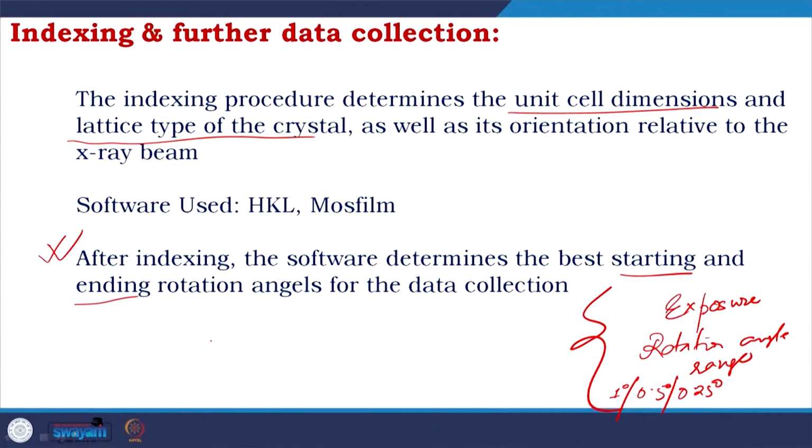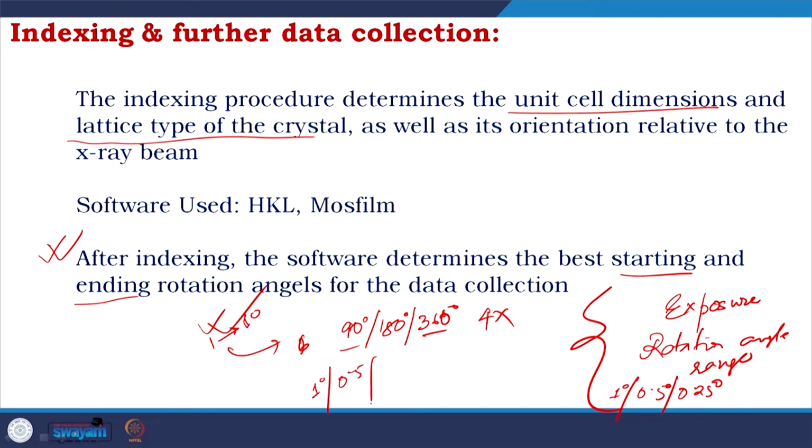Think about exposure, which I already talked about: you put 1 minute or 10 minute, there is around 10 times difference, you could easily see this is proportional. Then the rotation angle, if you put 90 degree or 180 degree or 360 degree, there would be 4x difference. Then the rotation interval, you make 1, 0.5, 0.25, again the difference is 4x.